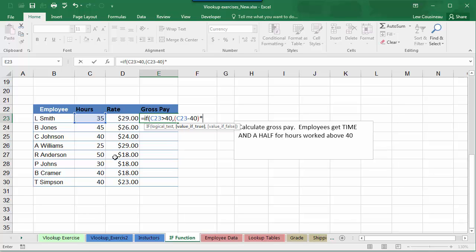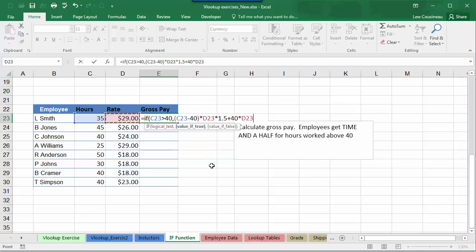I want to take that amount and multiply it times their hourly rate times 1.5. So far, that's just calculating the 5 hours above 40. 5 hours times hourly rate times 1.5. I still need to add in their original 40 times their original rate.